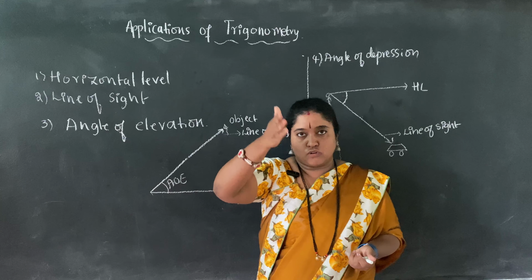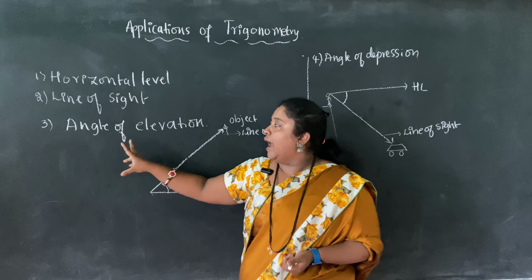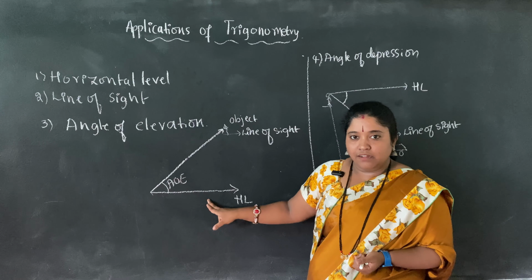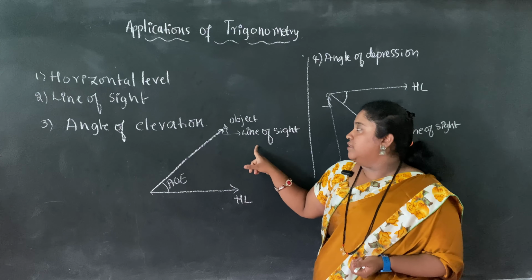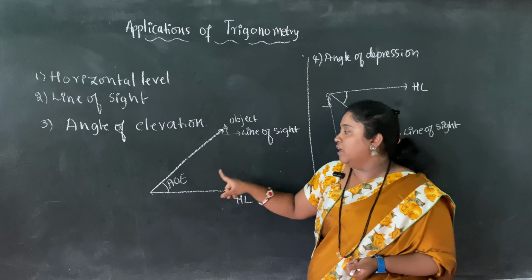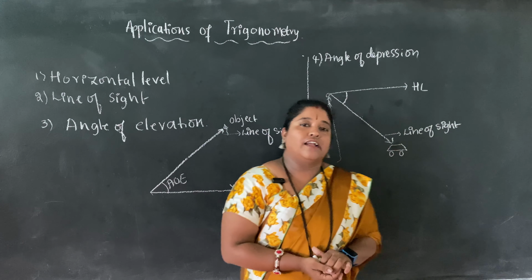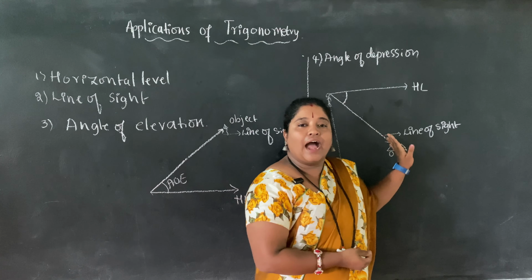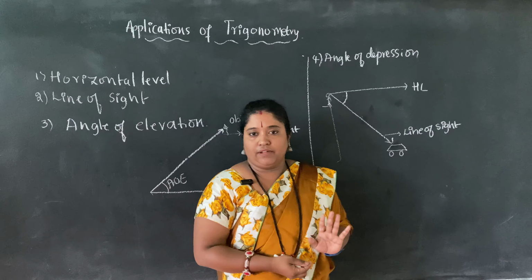And what is angle of elevation? It is the angle between the horizontal level and the line of sight when the object is above the horizontal level. And what is angle of depression? It is the angle between the horizontal line and the line of sight when the object is below the horizontal level.